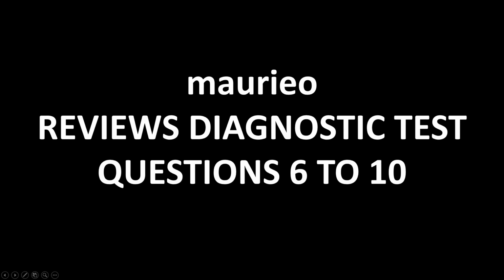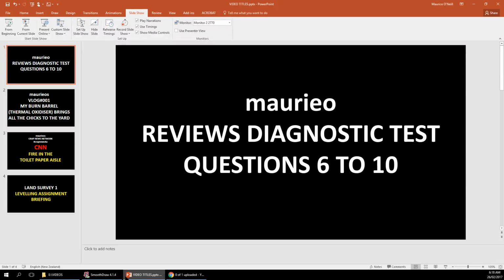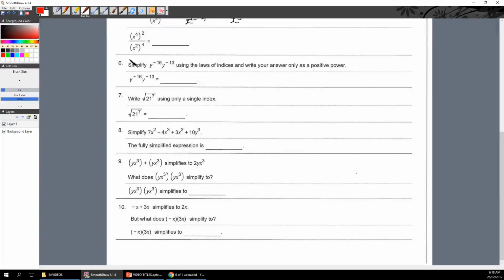Back to our diagnostic test. The program that I'm using here is called Smooth Draw 4. It's free to download. Just type Smooth Draw into Google and it'll take you there and you can download it.